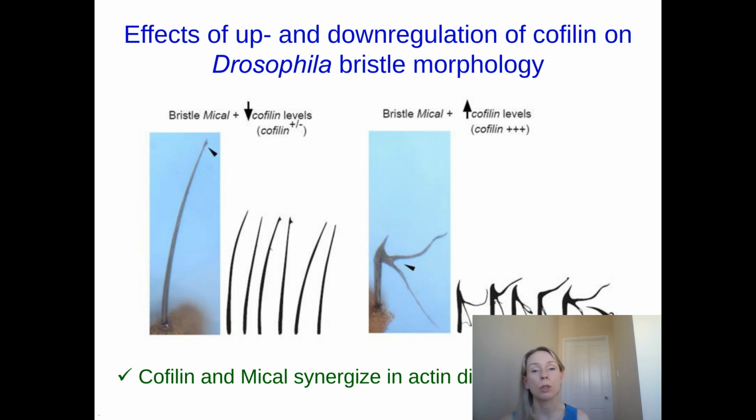And so what you can see on your left, that this characteristic branching phenotype is disappearing if we downregulate Cofilin. However, you can see very severe alterations in the bristle morphology if we upregulate Cofilin and Mical at the same time, which is indicative of those two proteins synergizing in their action, not only in vitro, but also in vivo.